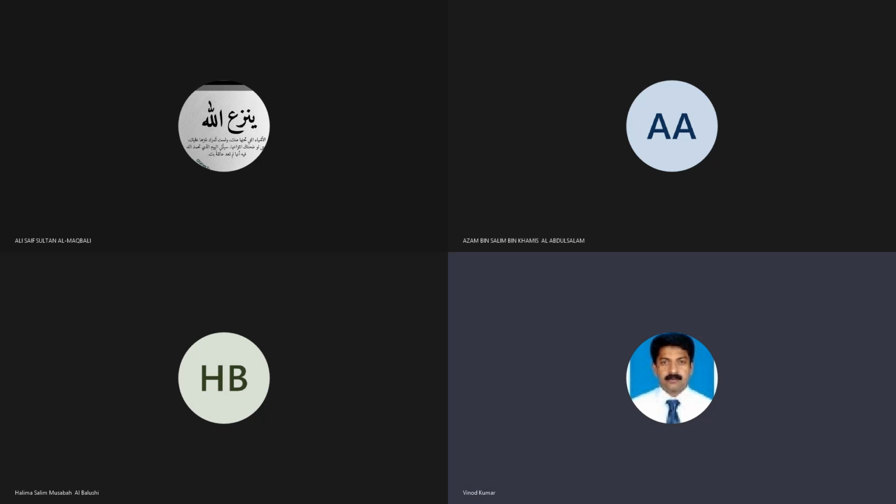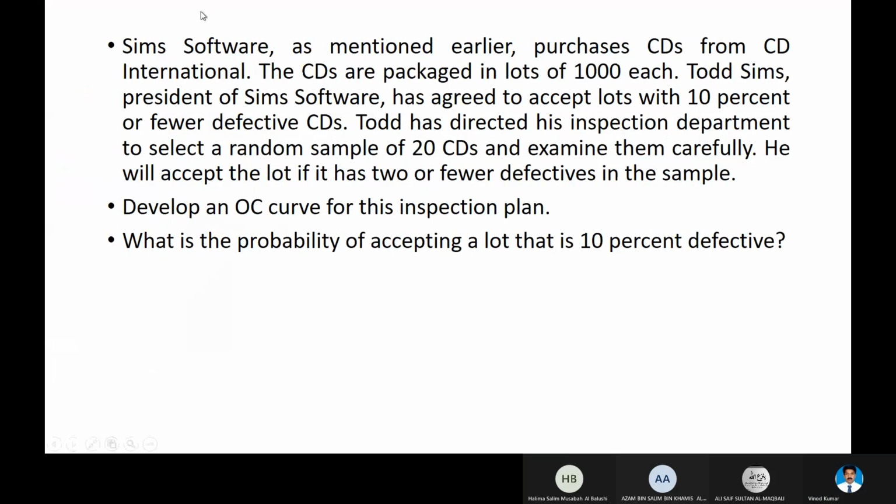Can you see it now? Yes, can you see it, Victor? Yes. Read it three times before we start. Okay.